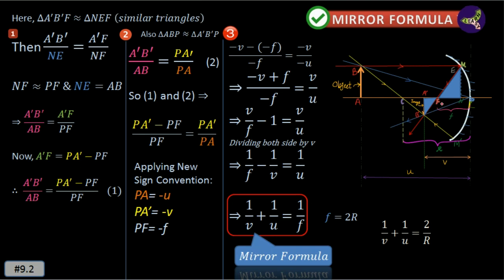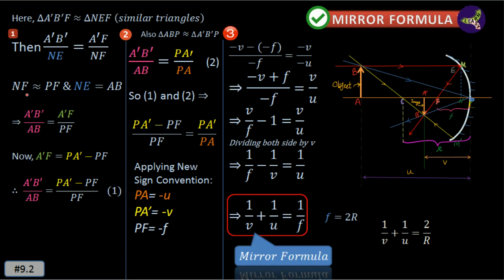So using the similarity property of triangles, we can write A dash B dash by NE is equal to A dash F by NF. This is the ratio we got from the similarity of these two triangles.